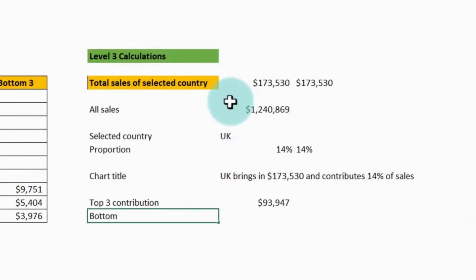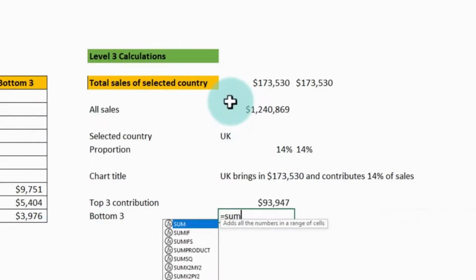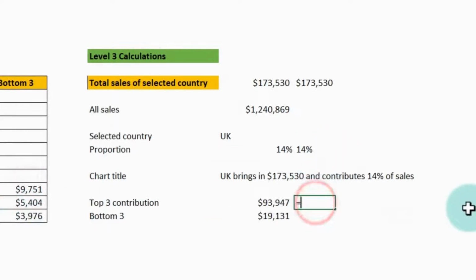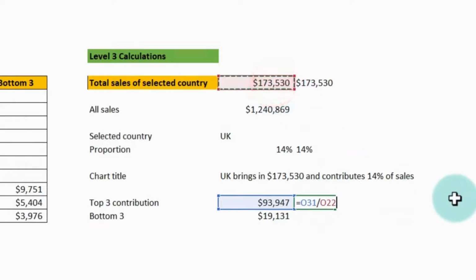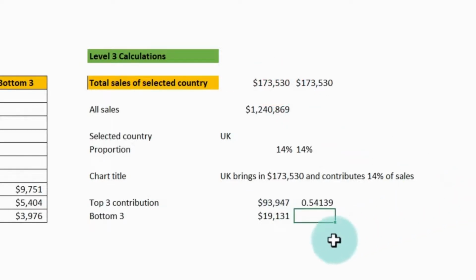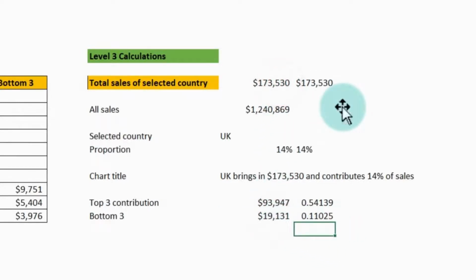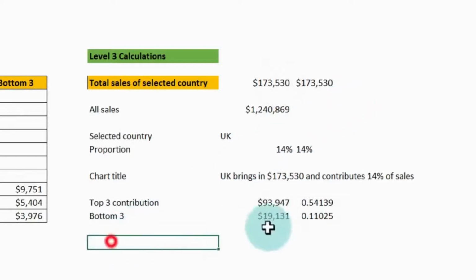Bottom 3 would be sum of these 3 values. And then we can calculate these as a percentage. So 93,000 divided by total Australia sales, or whatever that country is, and 19,000 as against that.